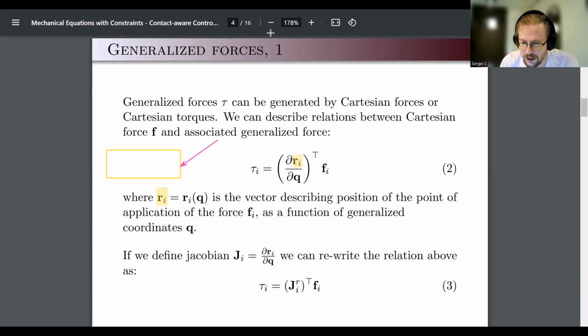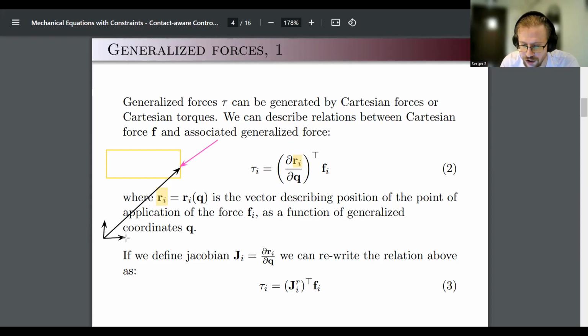What we need is a description of this point with respect to the origin, okay? With respect to the origin, but it has to be in terms of generalized coordinates.